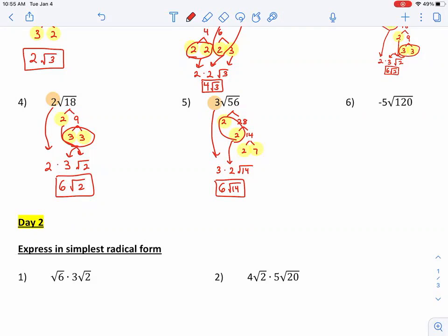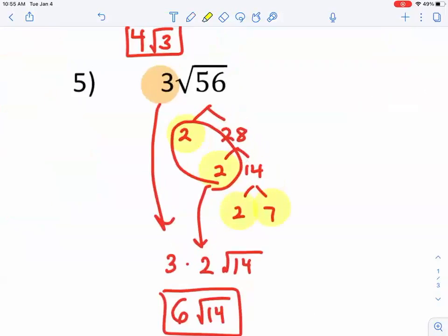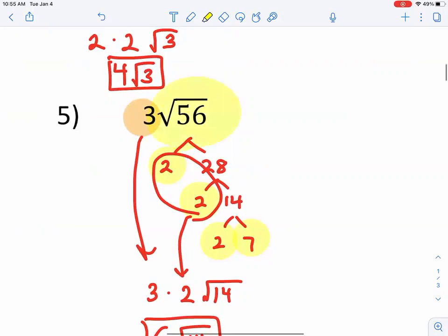On the last couple that we did, you guys are doing a good job of your factor trees when you are dividing by something. So for example, most of you look at this last problem we did and say, okay, well, 56 is divisible by 2. So that's a good idea.